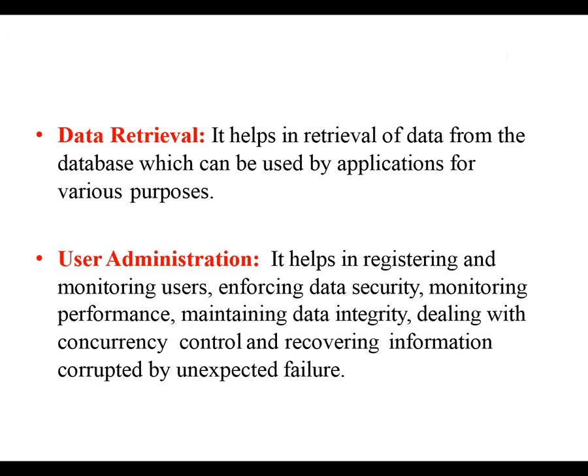Now, dealing with concurrency control. If you give access to many users for a particular database, many users can access that data at a time. For example, 2-3 students accessing an exam portal is concurrency control, meaning concurrent data access. That is one important thing in dealing with the database.